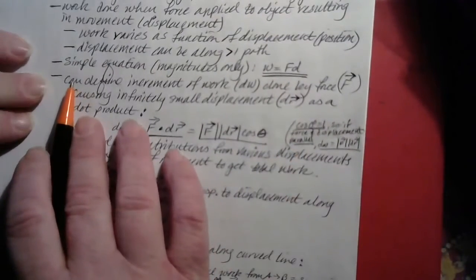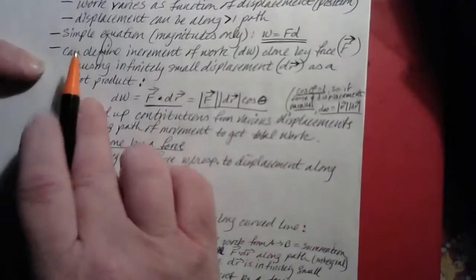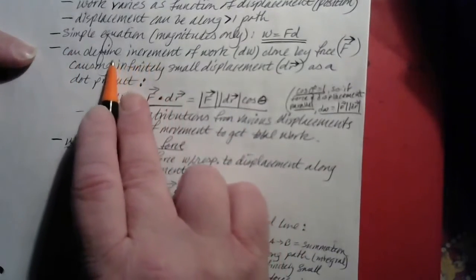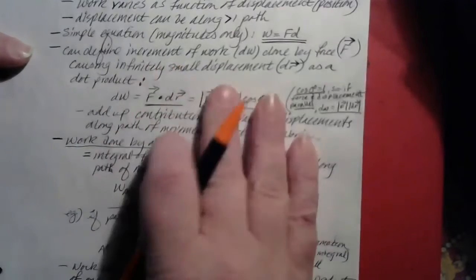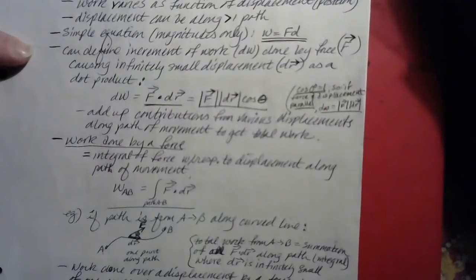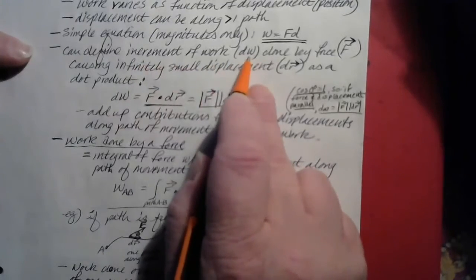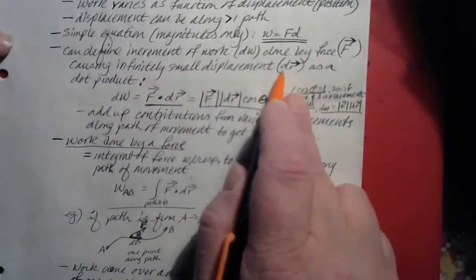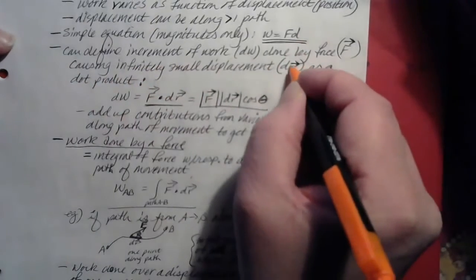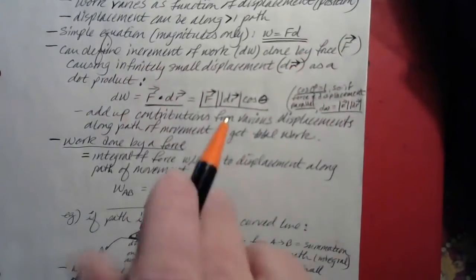But if you want to go into more detail and more fundamental aspects of it, you can look at an infinitesimally small increment of work, which we can call dW, being done by a force causing an infinitesimally small displacement, which we'll call dr, r being an expression of position.